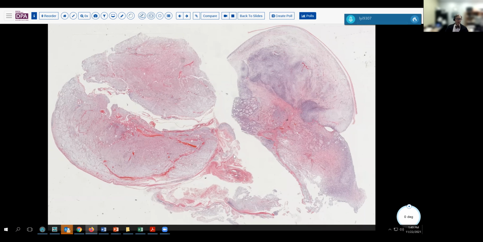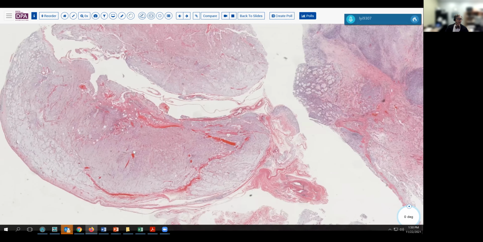Now here's another tumor that comes into the differential sometimes when you have a myxoid tumor. As you can see, this is a variable cellularity tumor, some more cellular blue areas, broad zones of quite myxoid appearing tissue.